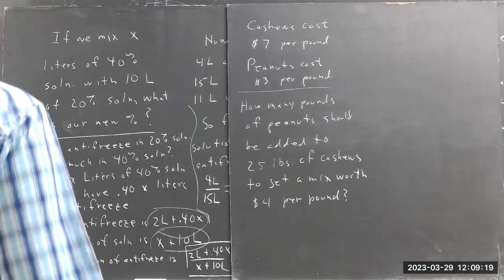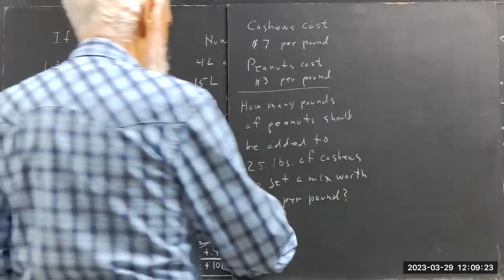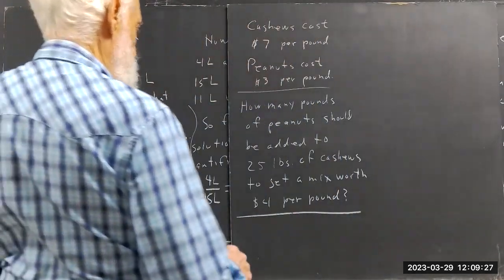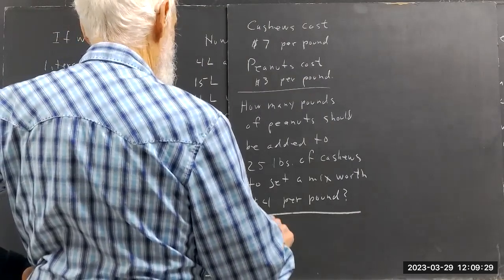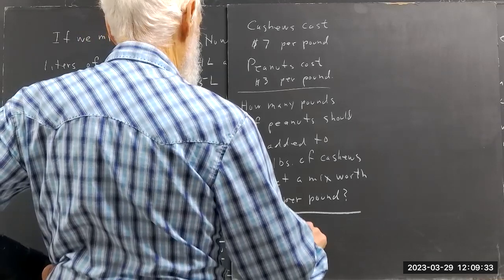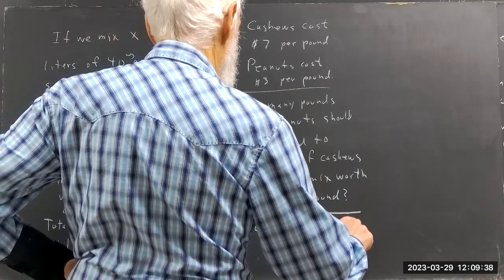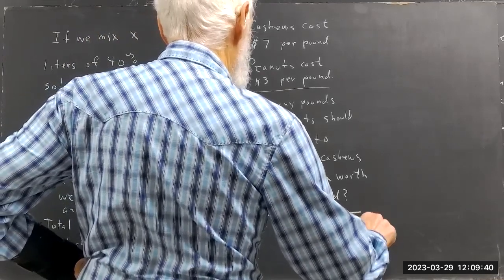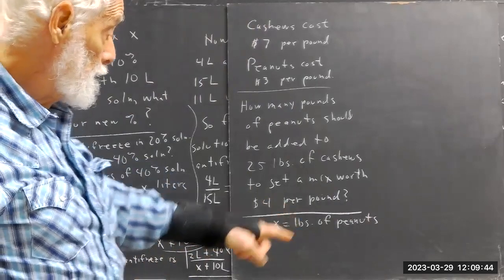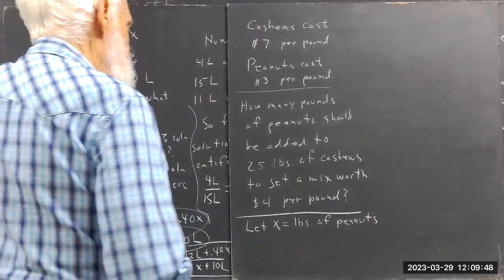Okay, good. So there was a little glitch in the solution, but the approach was quite good. It should be pretty obvious. You're going to let X equal the pounds of peanuts. You want to write that out, and keep reminding yourself of what X means.